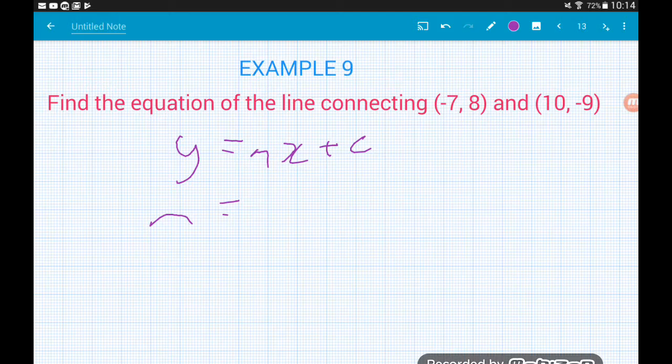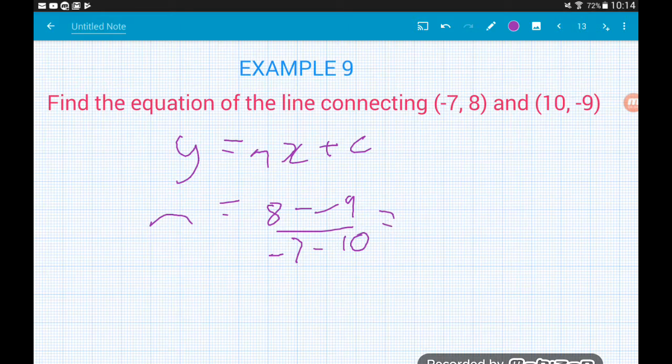So m then is going to equal, now whichever way around we do this, we're going to get a negative answer, so we can't avoid negative numbers, sadly. So I guess I would probably go for 8 minus 9 up on top. And then we have to do minus 7 minus 10 on the bottom.